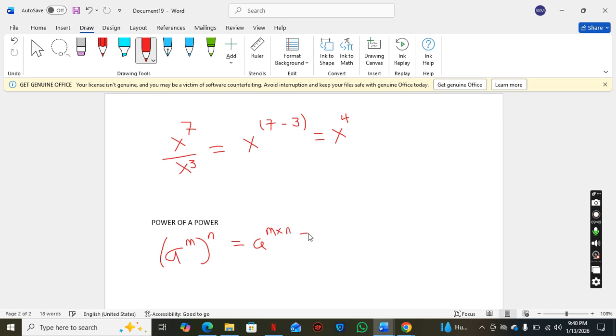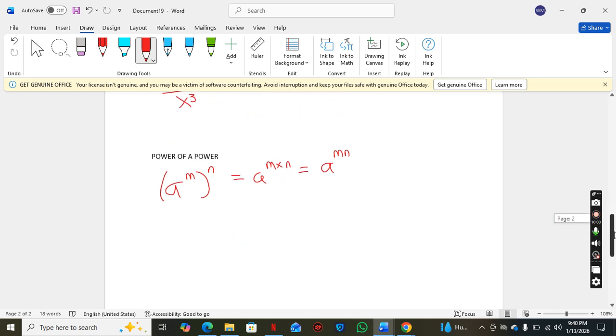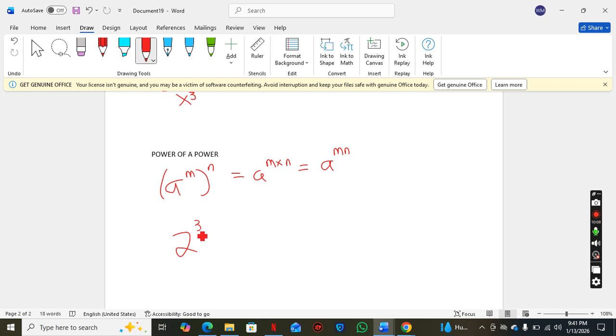Just multiply the powers, and that will give you a to the power mn. Let's say, for example, you have 2 to the power 3, to the power 2 here, so you're going to multiply these indices together.